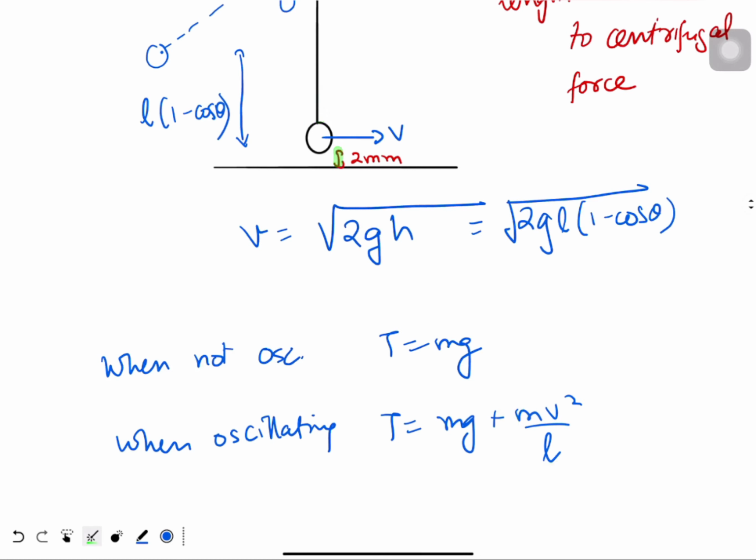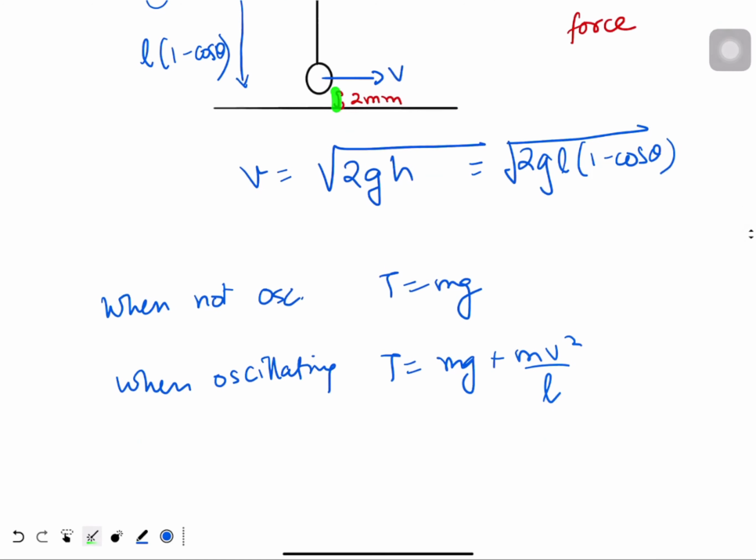The maximum tension we could have should be such that the wire should elongate by only 2 mm and not more than that. Maximum elongation should be 2 millimeter.